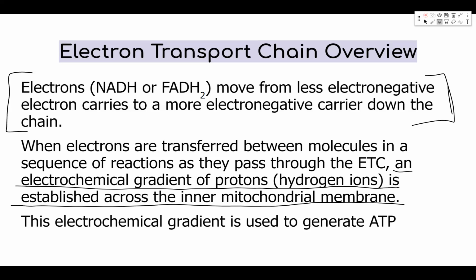As these high energy electrons are moved through this electron transport chain, it uses the energy that is released to pump hydrogen ions across the inner mitochondrial membrane, and that is how we establish our electrochemical gradient. And this is what is used to generate ATP.